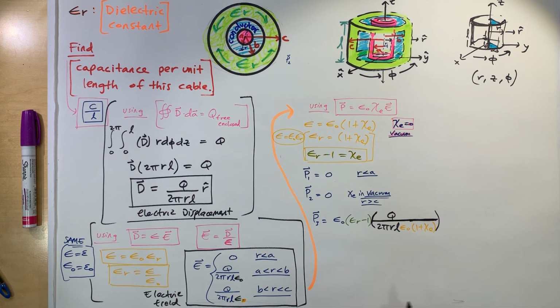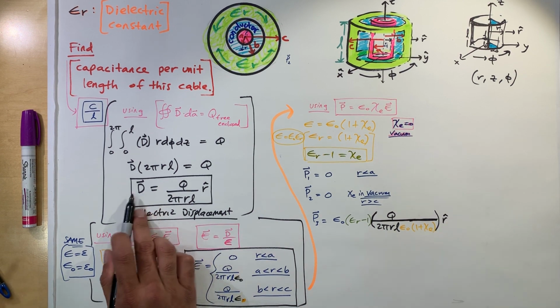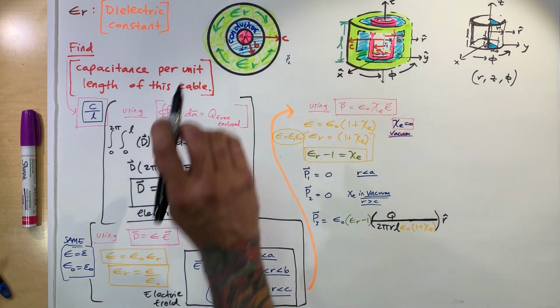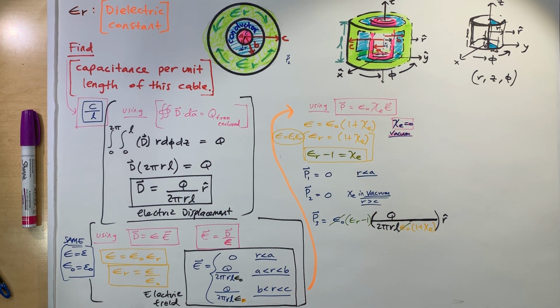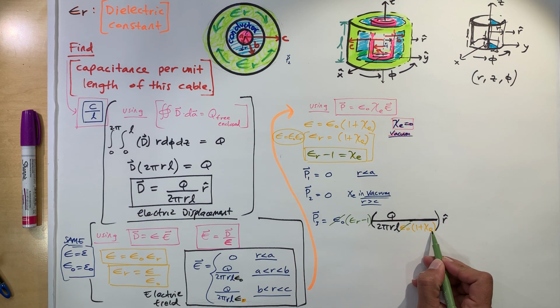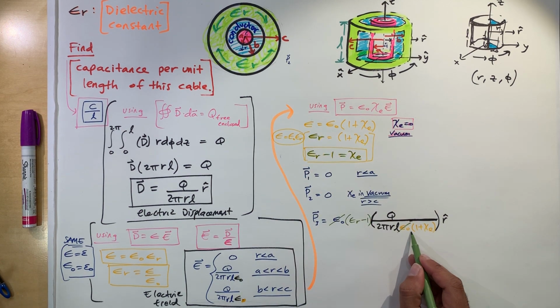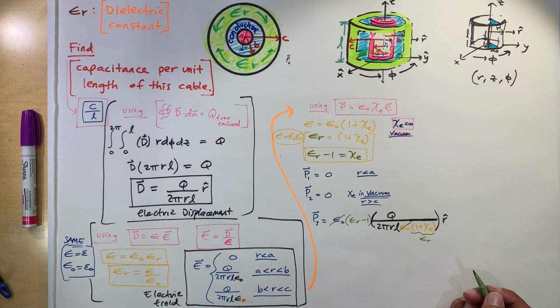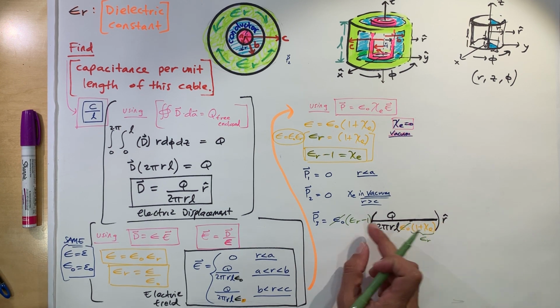This is a vector, so in the radial direction, because the dielectric displacement is just moving outward. So epsilon naught can cancel out. This might look a little tricky, but this 1 plus chi E is epsilon R. So here is epsilon R, and I'm going to distribute this epsilon R into here.